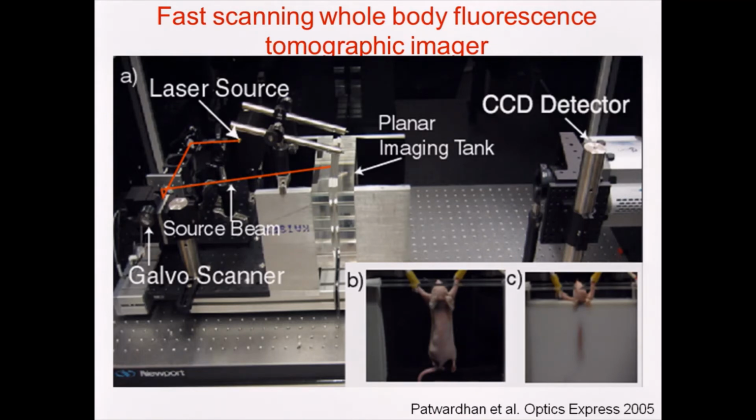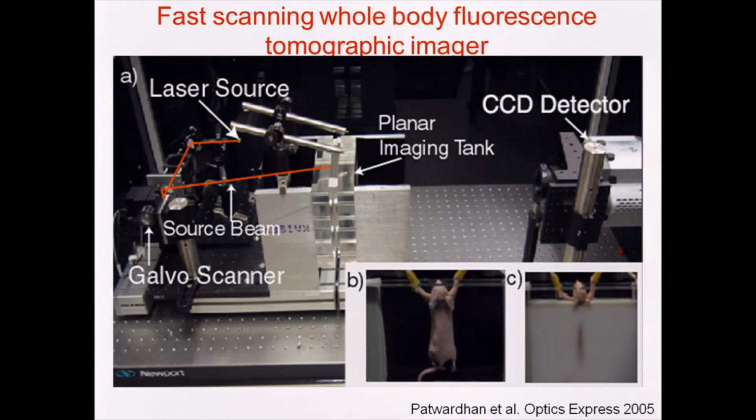Basically, a laser source comes in, goes to a galvo pair of mirrors, and then the laser is shone onto this surface here, and it can be raster scanned to fill whatever pattern you want. And then on the other side of this tank, we're imaging the light that's being emitted from the tank using a camera.